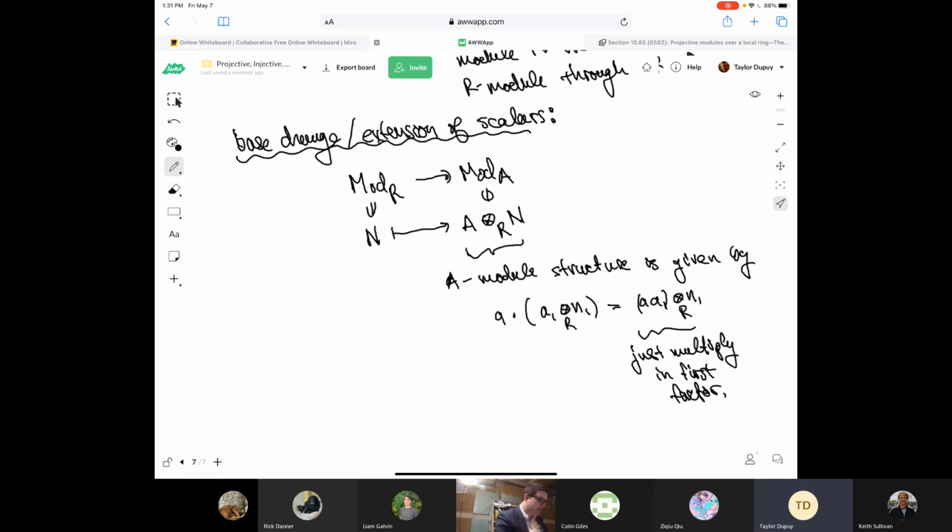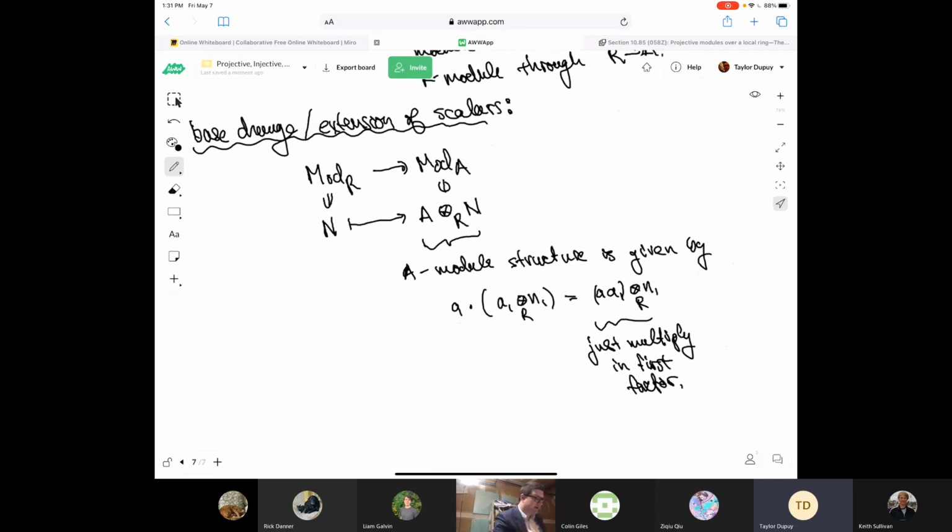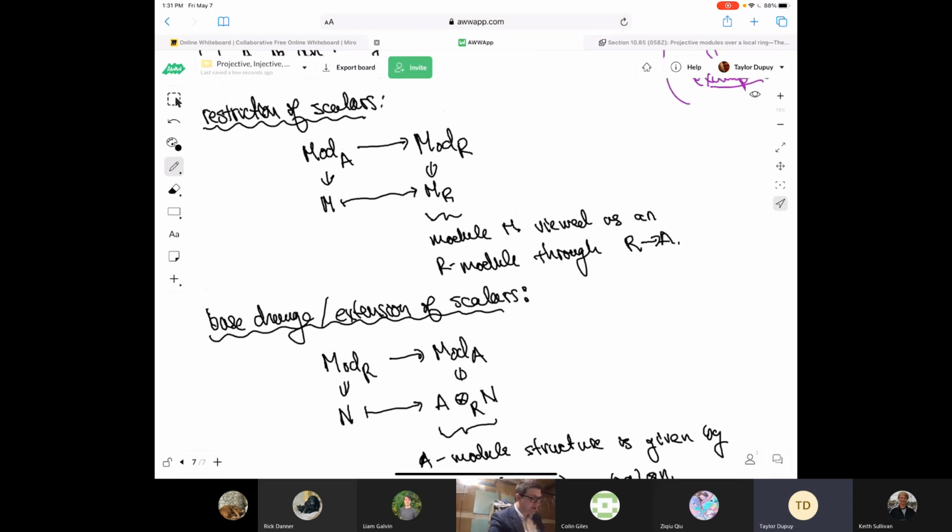Okay, so what does this do? It allows us to take R modules and turn them into A modules. Okay, so I just threw down two functors.